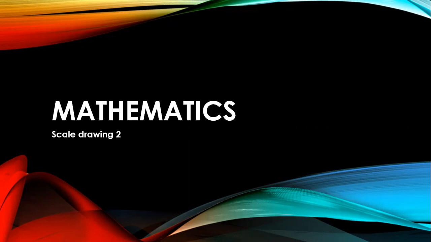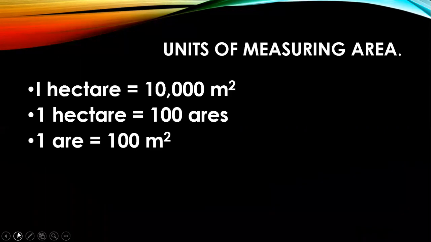And remember, you know the units of measuring area. According to your level, the largest unit of measuring area is hectares. 1 hectare is equal to 10,000 meters squared, or 10,000 square meters, and 1 hectare is the same as 100 acres, and 1 acre is the same as 100 meters squared.